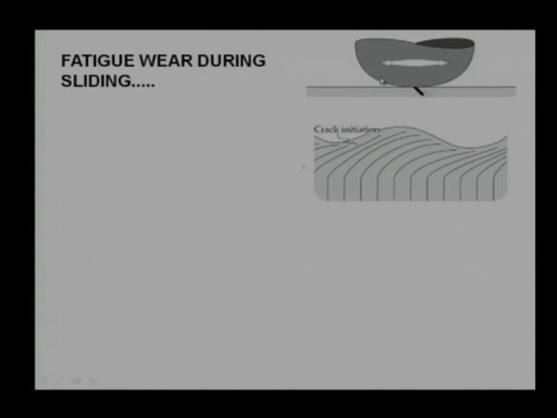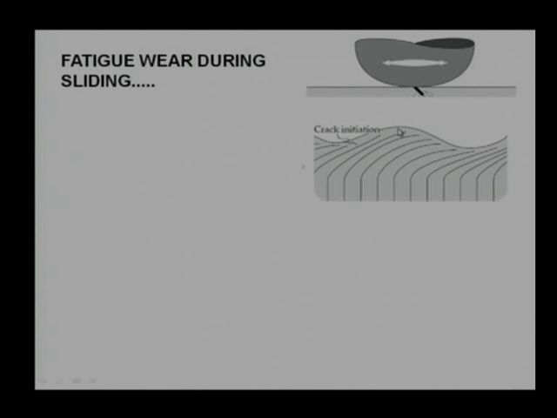When we move this surface over this surface, there is a possibility of piling of material. We know very well that when we drive on a muddy road, mud gets piled up in front of the tire. The same thing is happening over here.